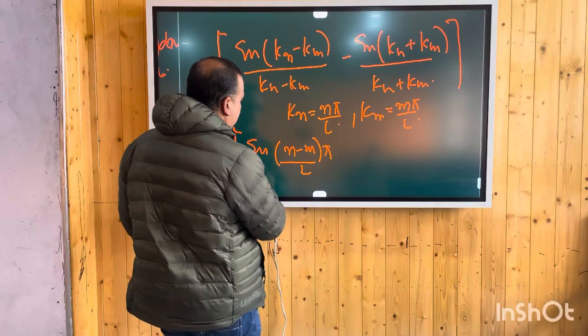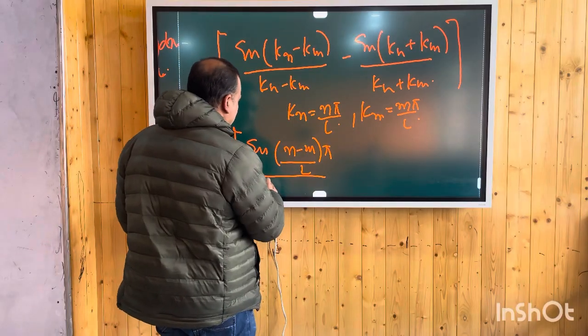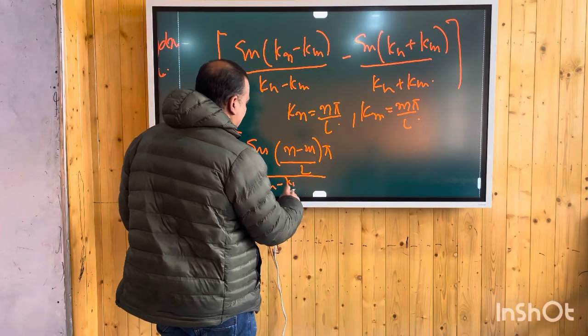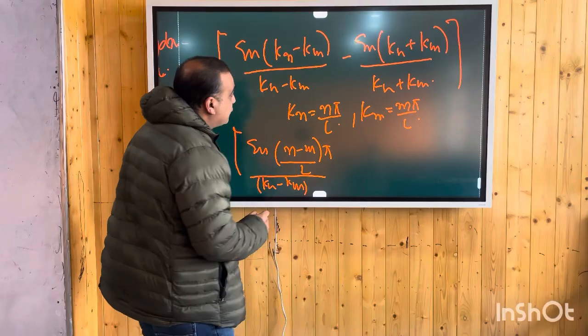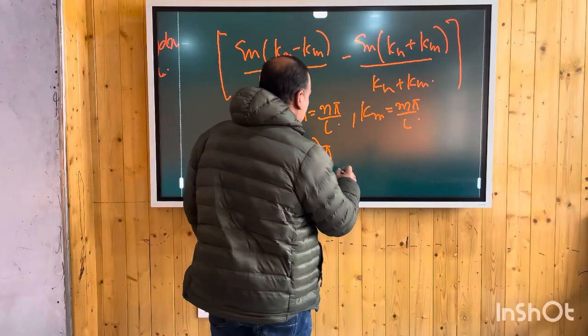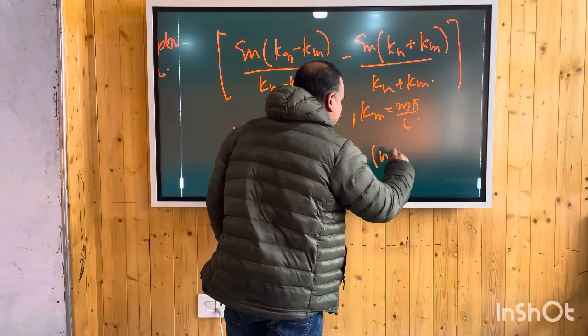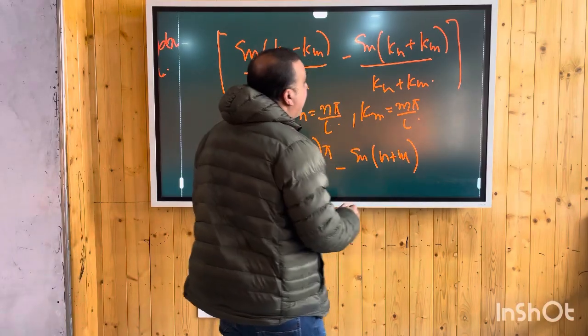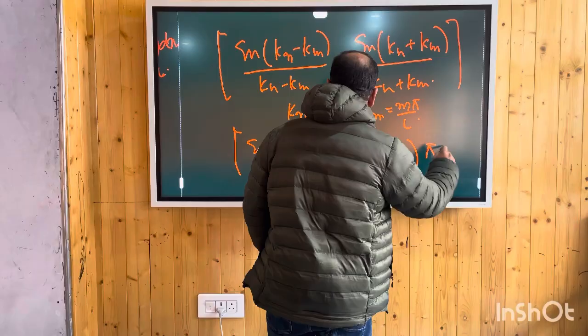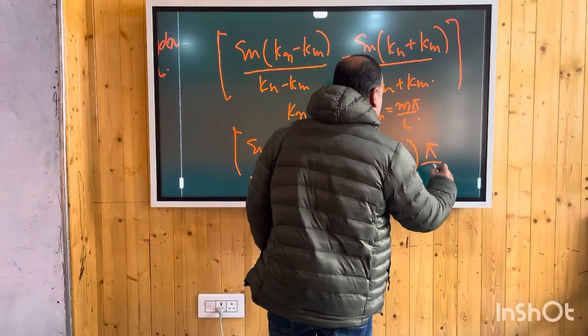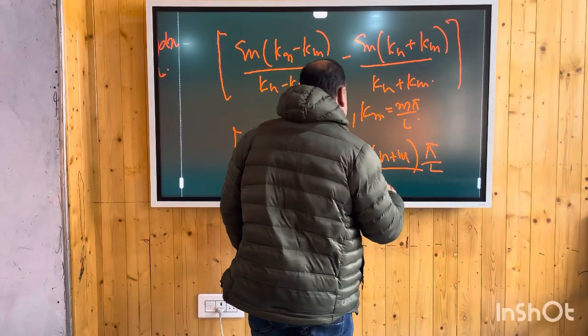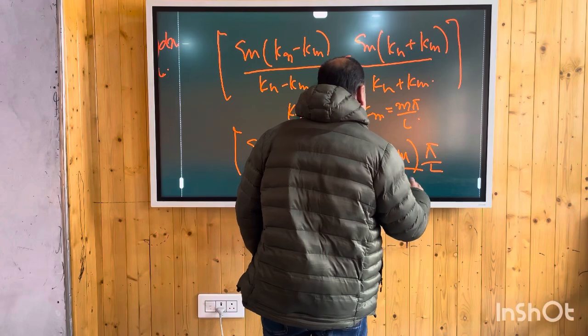Then in the denominator you have the same thing, Kn minus Km. I will not do anything here because I know what's going to happen. So minus, what will we have here? Sine of (n plus m) pi by L, divided by Kn plus Km.